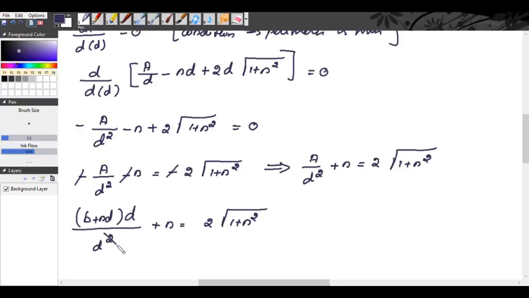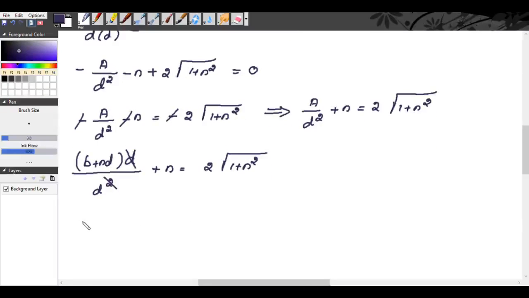Now you can cancel this D square and D. We get b plus nD by D plus n, so b plus nD plus nD by D is equal to 2 into root of 1 plus n square.